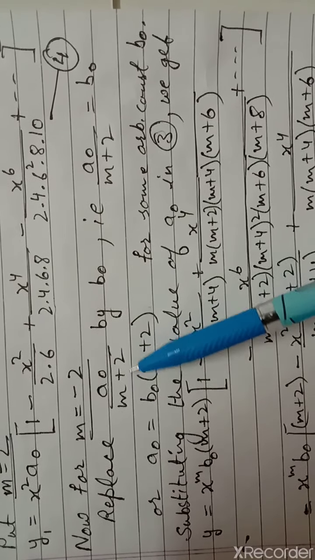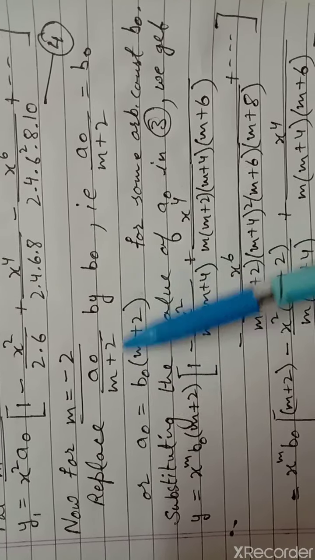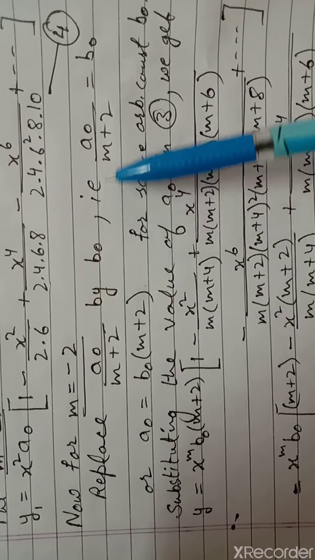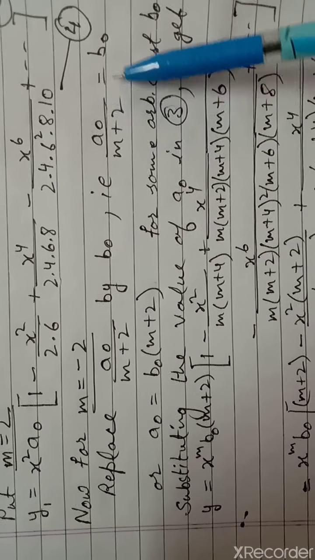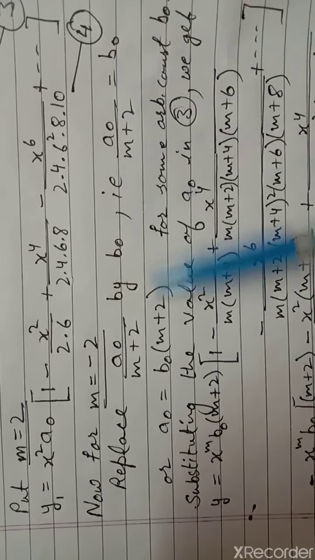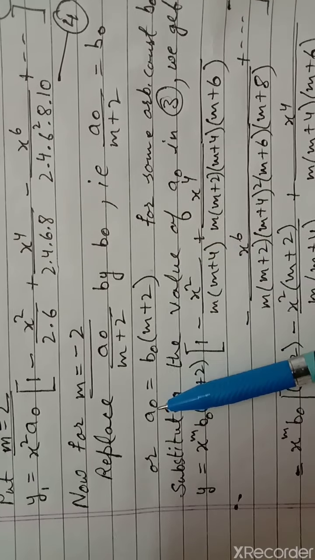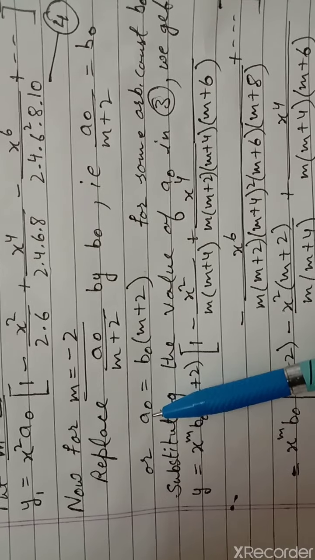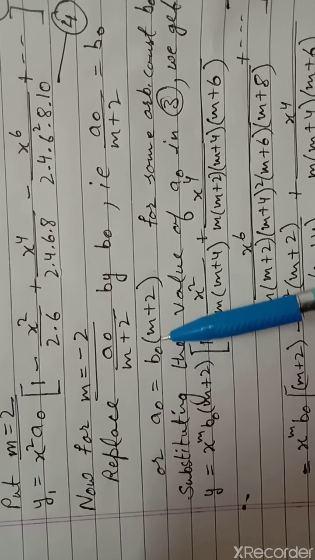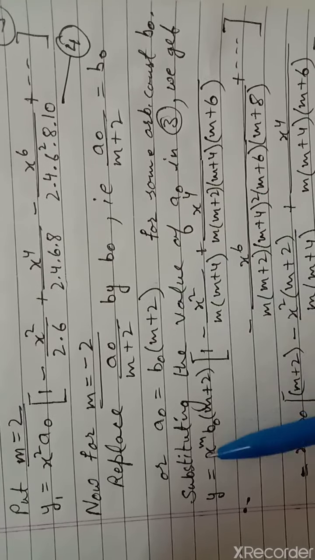To overcome this situation, we replace a naught by b naught times (m plus 2), that is, a naught divided by (m plus 2) is equal to b naught. So a naught is b naught multiplied by (m plus 2). Wherever a naught is written, I now write b naught into (m plus 2) in equation number 3.